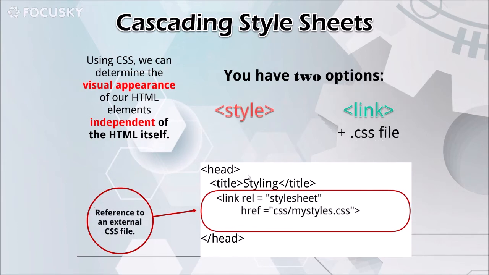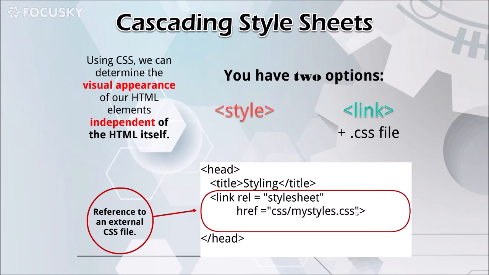A second option is to use a reference to an external CSS file. You write link rel equals "stylesheet" between double quotation marks, this is a constant, and you write href equals, and now your path. Take a look, css/mystyles.css. What does this mean?